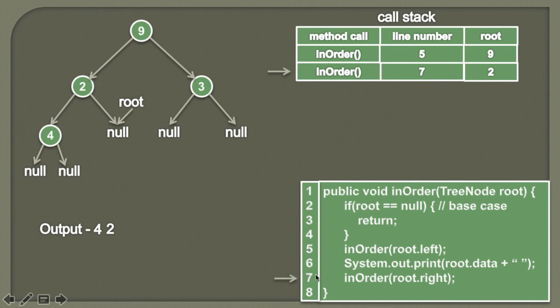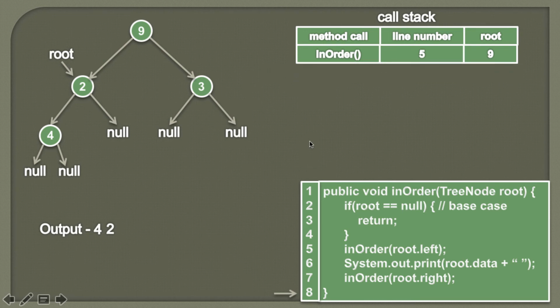We'll start executing from line number 7, and as we know, when we were executing this in-order method, root was pointing to 2. So now root will point to 2, and then we'll simply execute this in-order method. Once we reach the end of this method, it will be removed from the call stack, and the execution point will reach here.